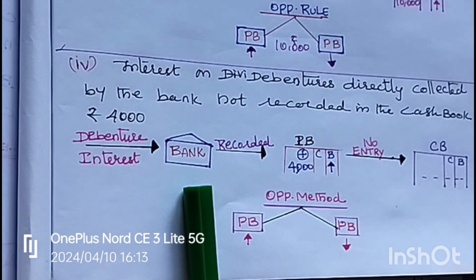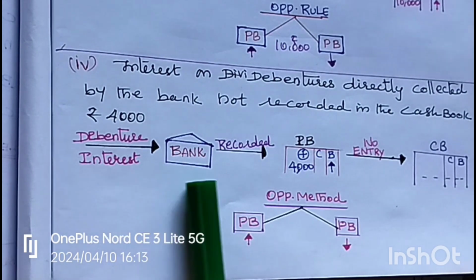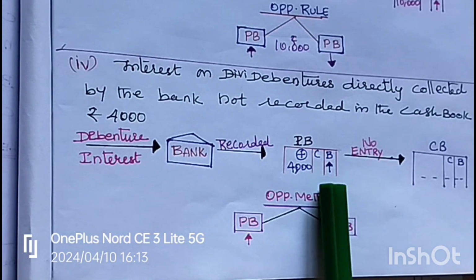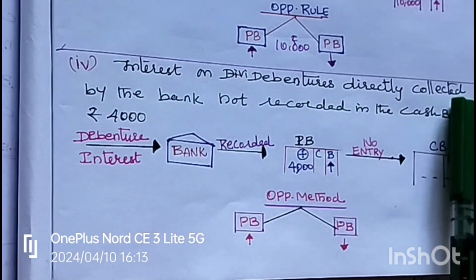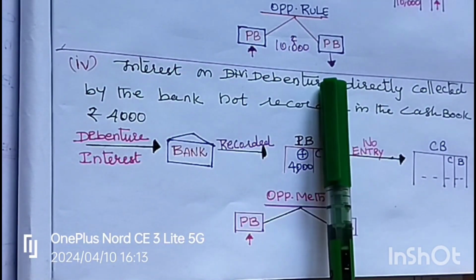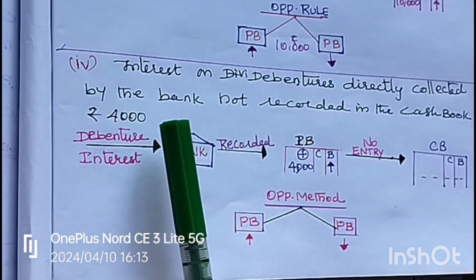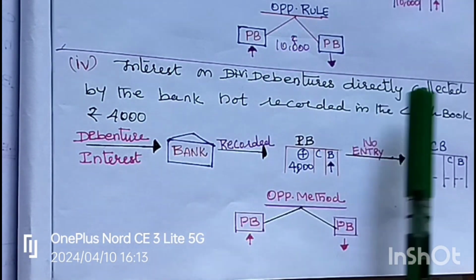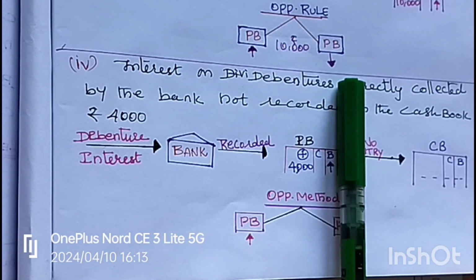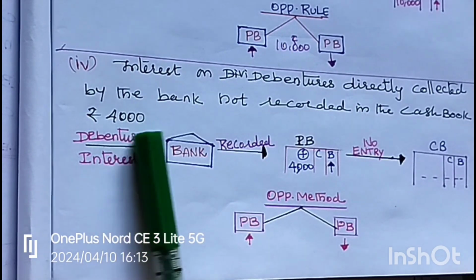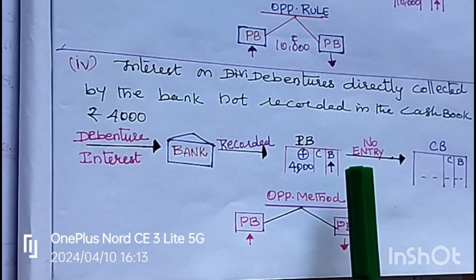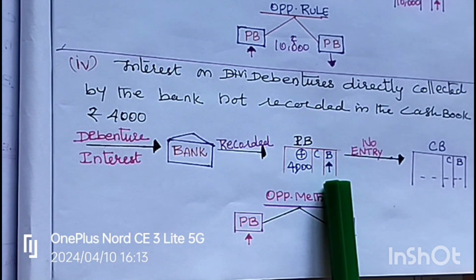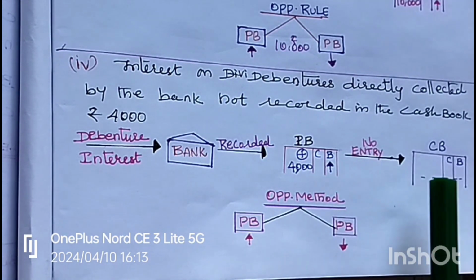So the bank passbook will be increased because the bank directly collected the interest on debentures. Okay, so 4,000 rupees increased in the bank passbook. Okay, what about the cash book?